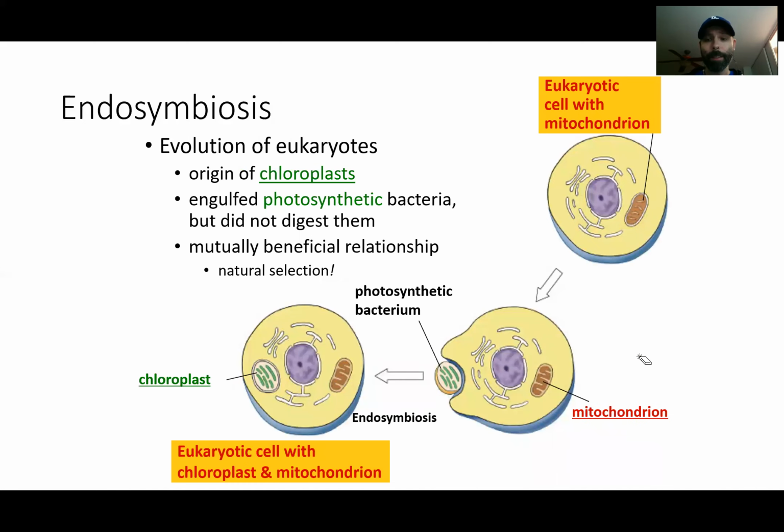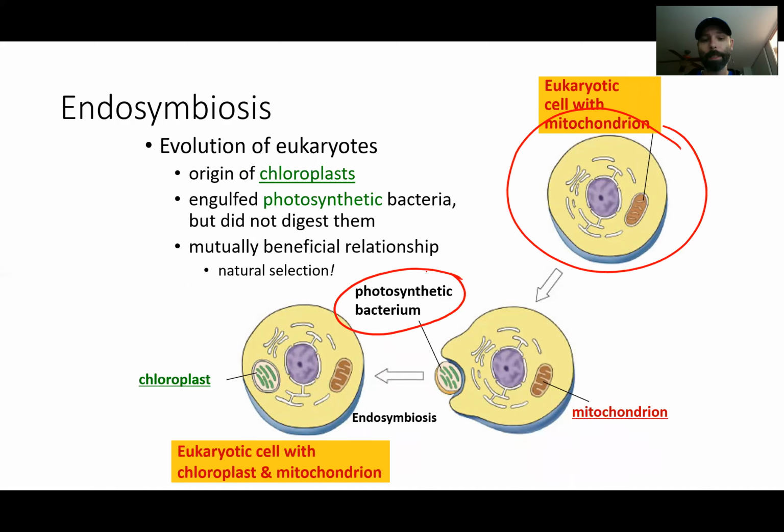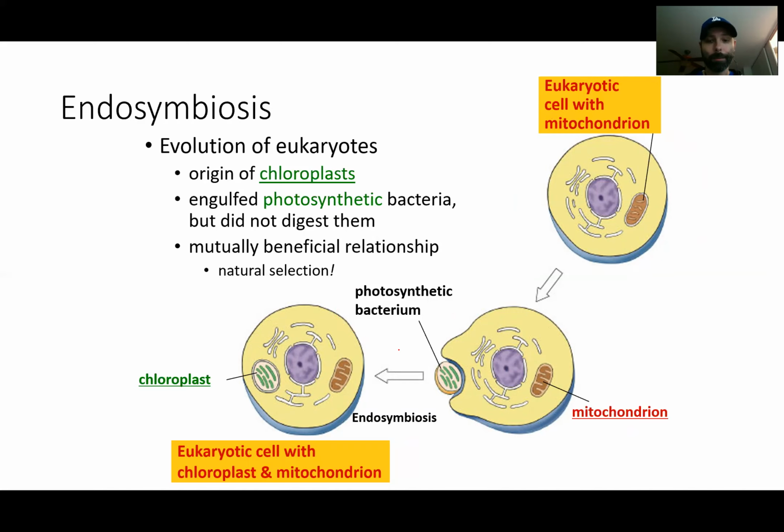At some point then, a cell that had already done that with the mitochondria again swallows up, this time a photosynthetic bacterium, and that bacterium ends up, instead of being digested, forming a relationship where it produces all the sugars via photosynthesis that now that cell can benefit from. And then of course the bacterium benefits by getting protection and food sources.